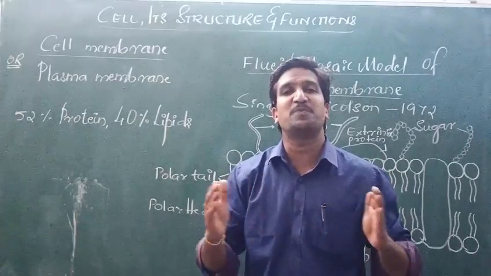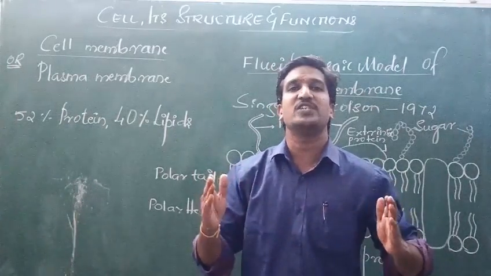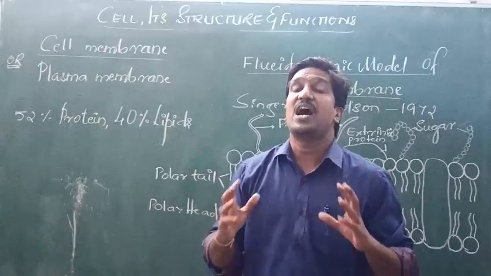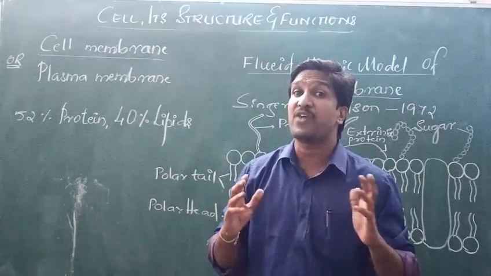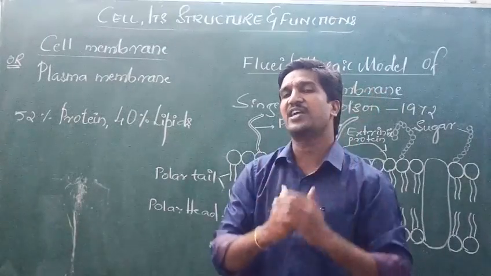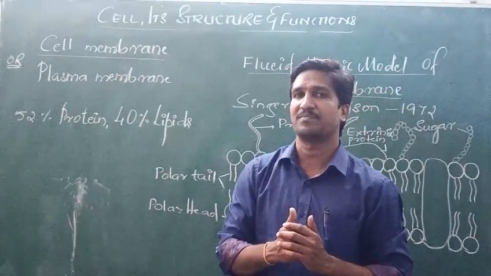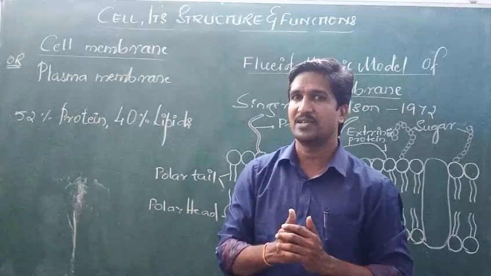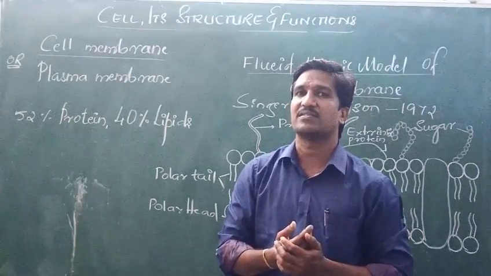Whereas species specificity, organ specificity, cell specificity, availability of lipid and protein is different. Say for example skin, fat is more compared to the protein, right? So that is why the differences.